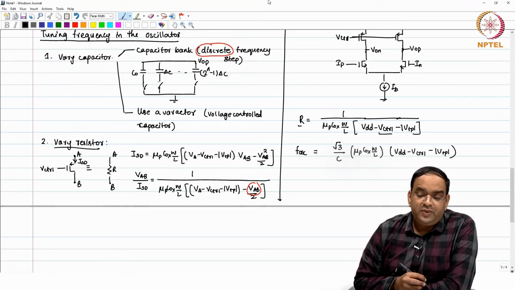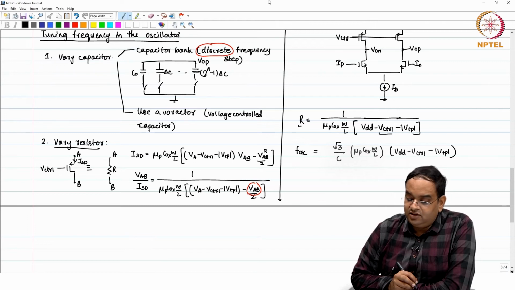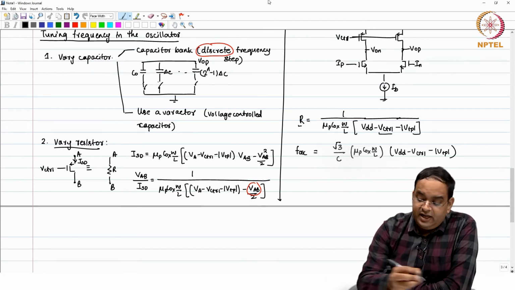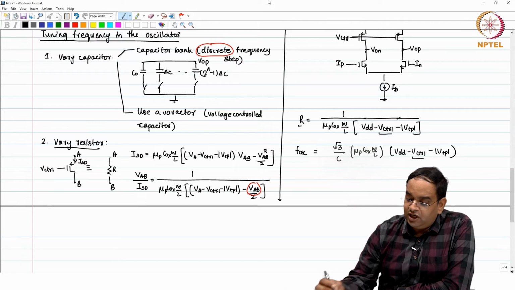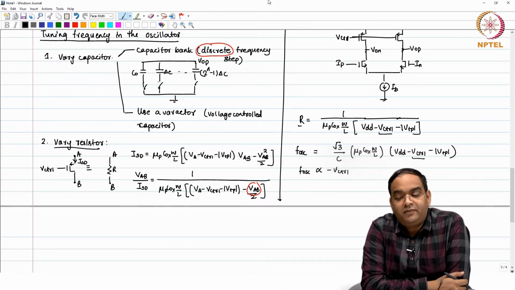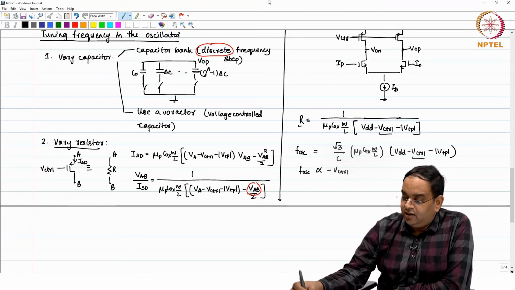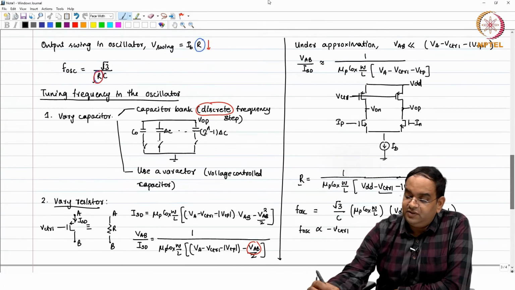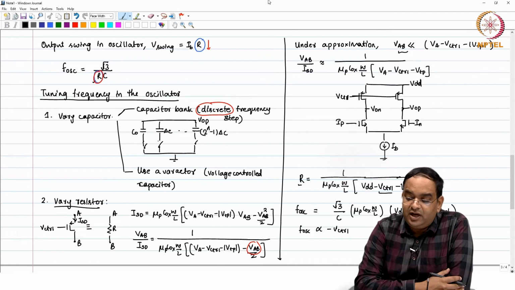So, by replacing your resistor with a MOSFET, you can actually control the output frequency. I can write it as proportional to minus V control, right.